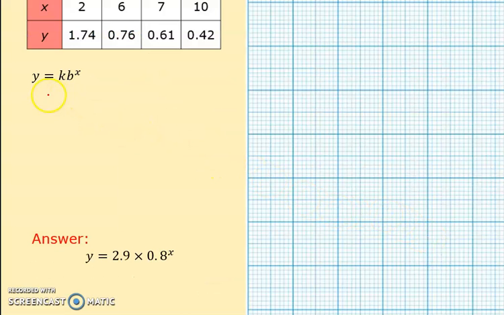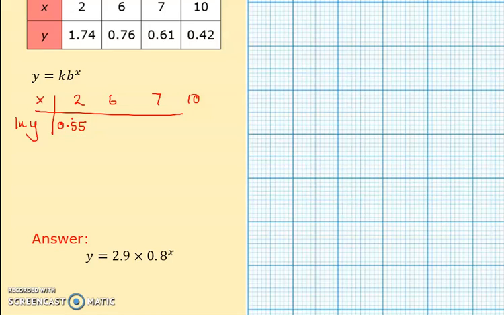So I'm going to draw a new table of values. The x will stay the same. It will say 2, 6, 7, and 10. But my y has to be logged. So it's the log of 1.74 I'm going to do. Again, you can't be too accurate with this. So 0.55 is as good as I'm going to write.